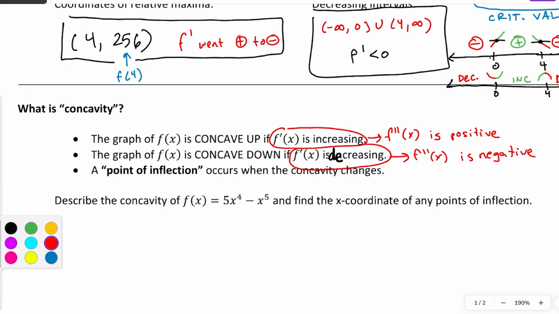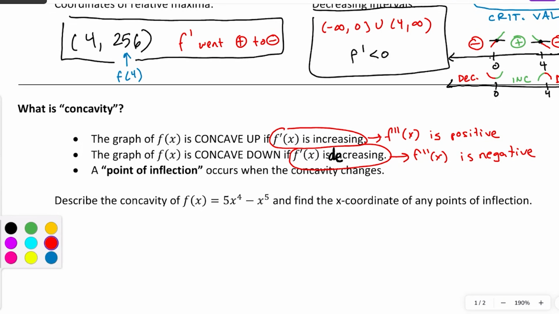Now, just like we have a critical point anytime f prime is 0 or undefined, we have what's called a subcritical point anytime f double prime is 0 or undefined. Whenever that happens, if there is a sign change, we have what's called a point of inflection.